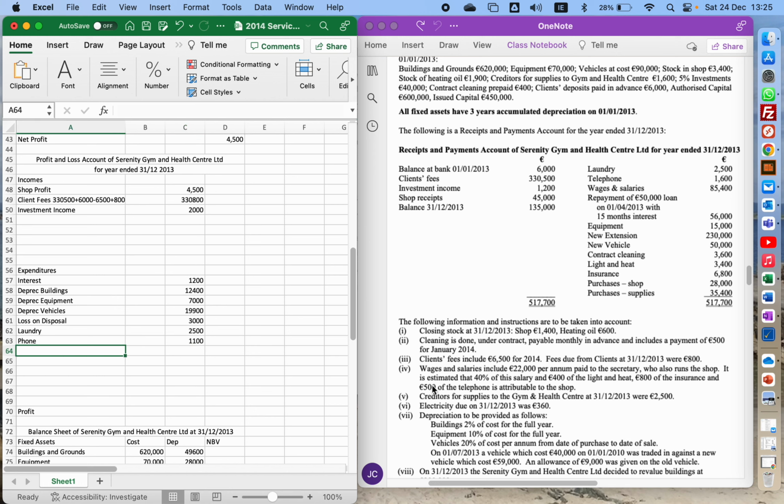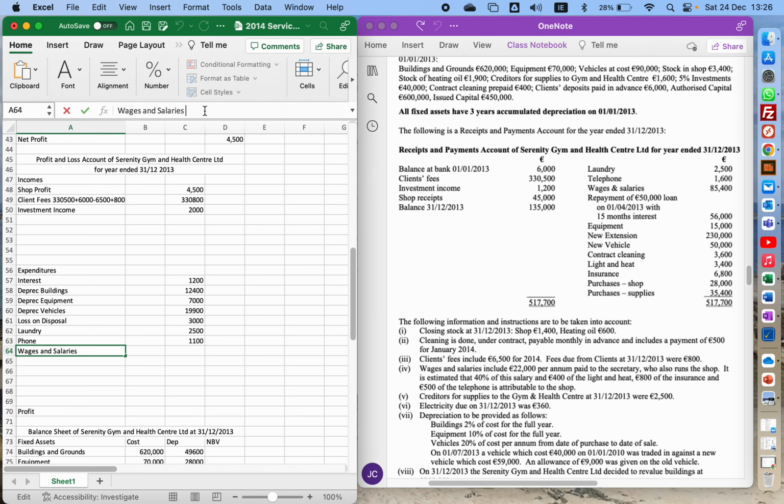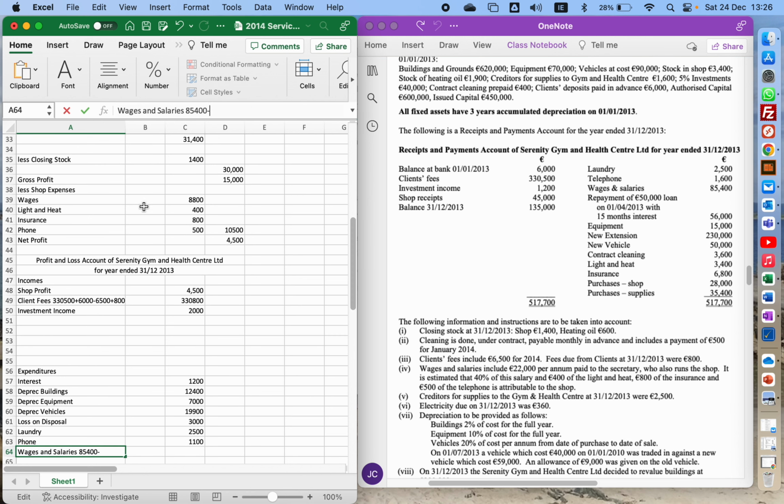Wages and salaries. Now, so wages and salaries is going to be, I'll put the numbers in. So 85,400, minus, now how much did I put in here for wages? 8,800, so I'll take that away.